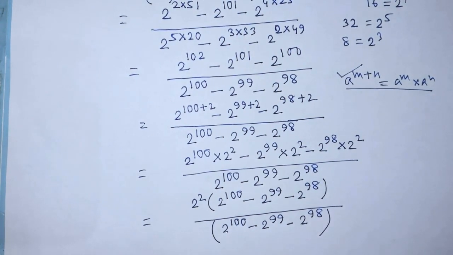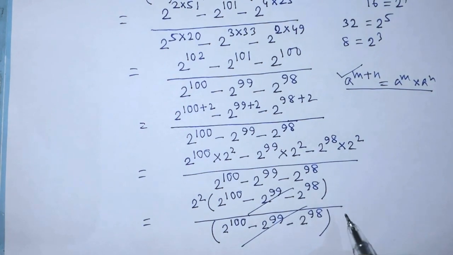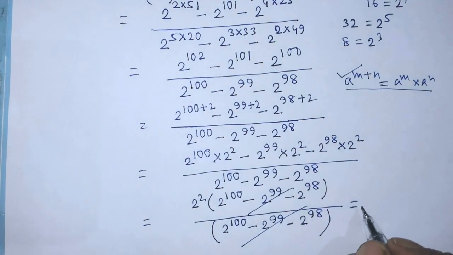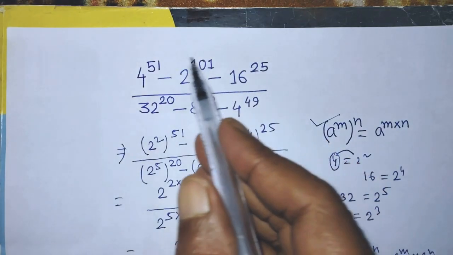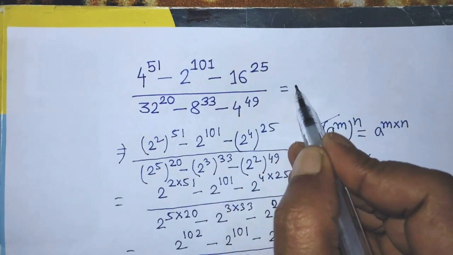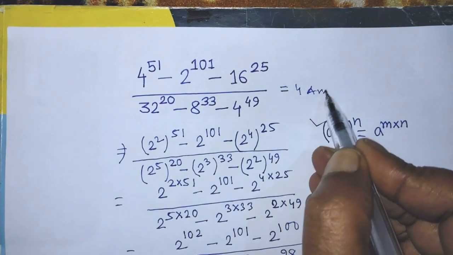In this algebraic expression we can cancel 2 to the power 100 minus 2 to the power 99 minus 2 to the power 98 from numerator and denominator. So we can write it is equal to 2 to the power 2, that is 4. The value of this algebraic expression will be 4. So this is our final answer.